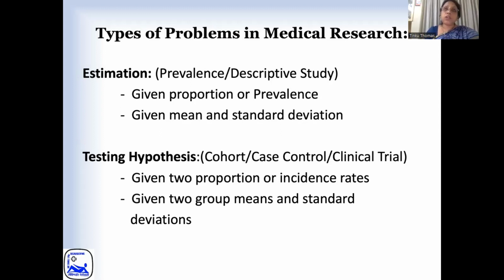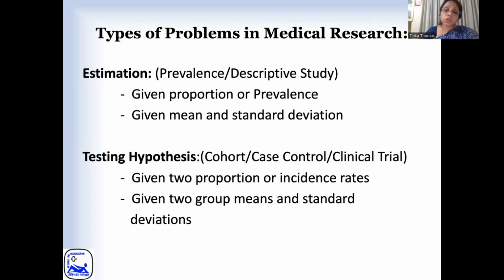Now, if you're testing hypothesis, let us say in a clinical trial, then the sample size calculation is dependent on the kind of data that we are measuring. For example, if our outcome is control of BP, it will be the proportion of people in the intervention group who had BP control versus the proportion of subjects in the control group who had BP control.